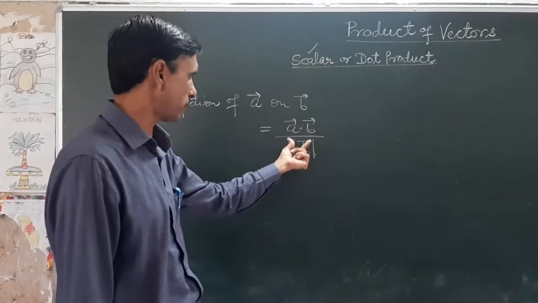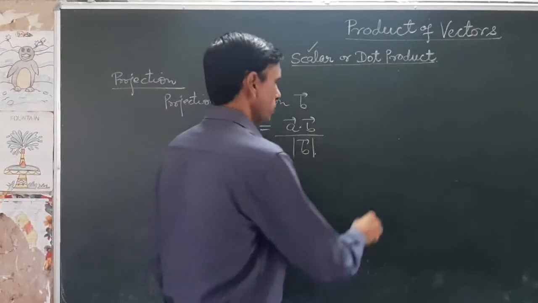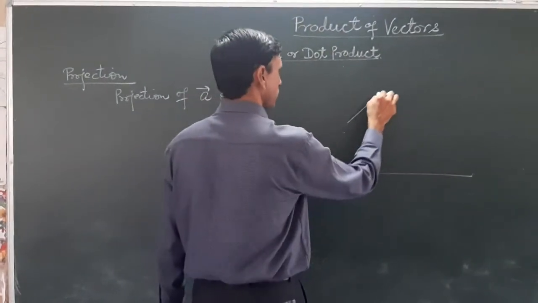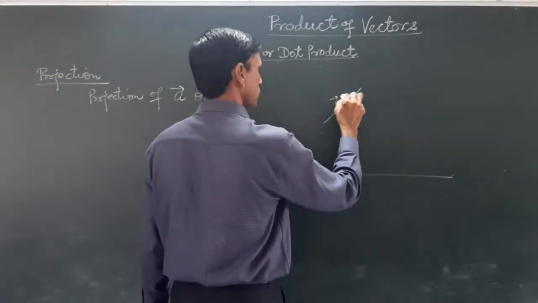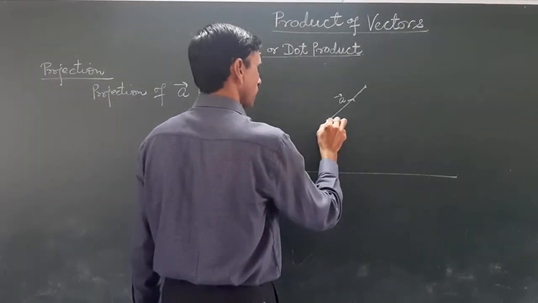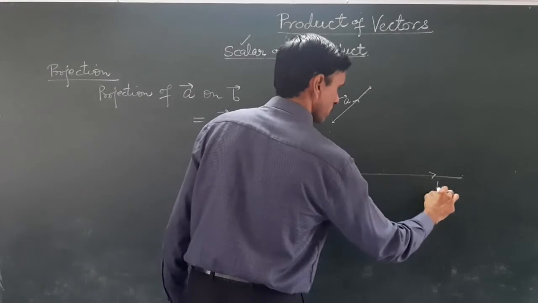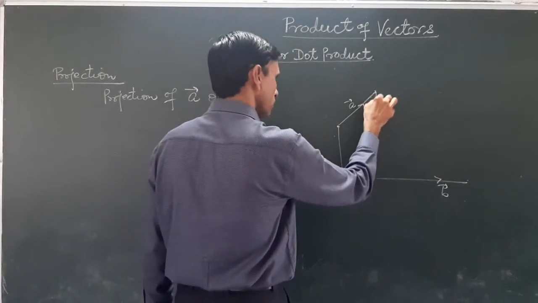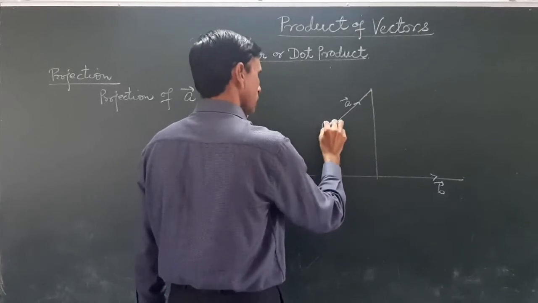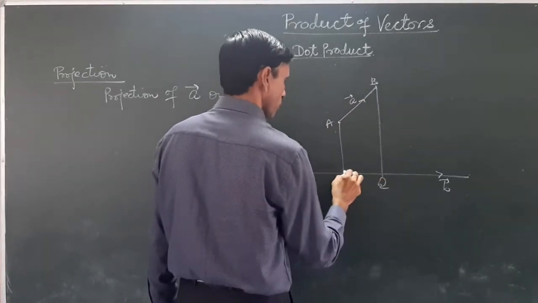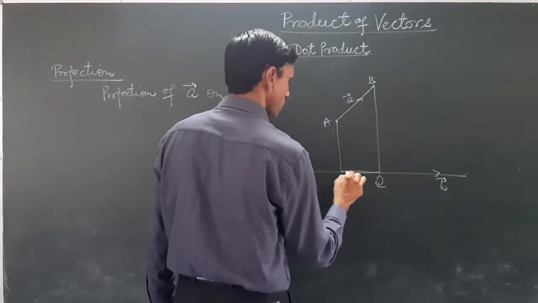Projection of A on B is A dot B upon magnitude B, projection of B on A, A dot B upon magnitude A हो जाएगा। होता क्या प्रोजेक्शन, थोड़ा बता दूंगा आपको। This is the horizontal line and this is a vector. Suppose this is vector A, अब इसका प्रोजेक्शन निकालें हम इस वेक्टर का, this is vector B, so we draw perpendiculars, this is vector AB and these are point P and Q, so projection is this length of this line segment.